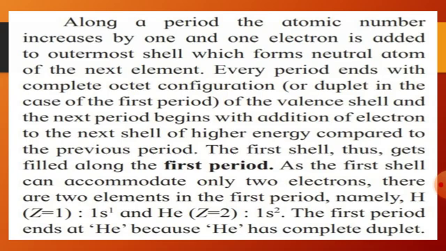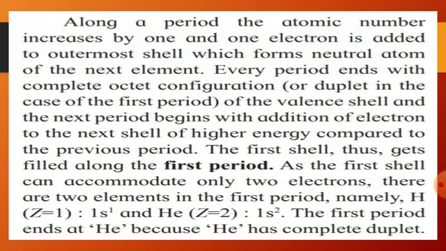Now let's move further. As we are moving along a period, that is horizontally, the atomic number increases by 1 and 1 electron is added to the outermost shell. See, in the first period, hydrogen is there, helium is there. Hydrogen's atomic number is 1, helium's atomic number is 2.